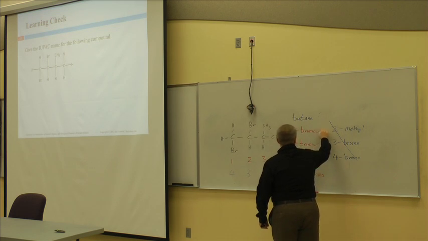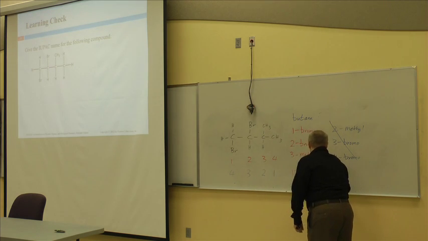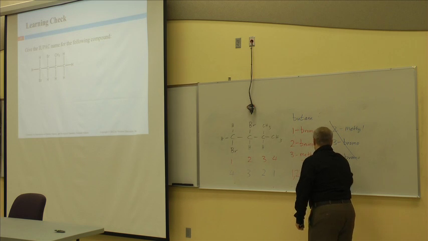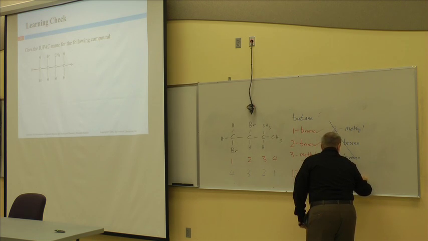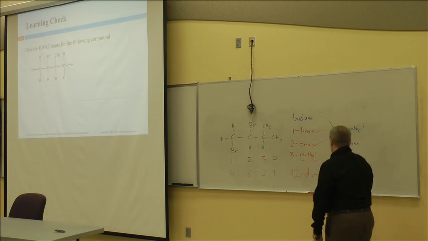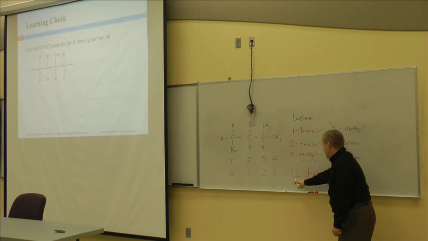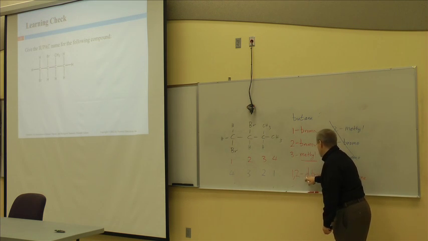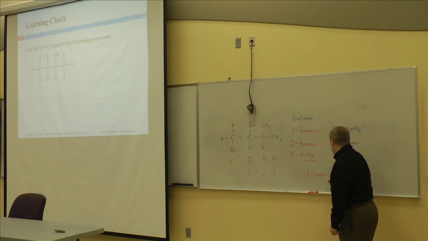Now we've taken care of this and that. Then it will be 3-methylbutane. So now: 1,2-dibromo-3-methylbutane.